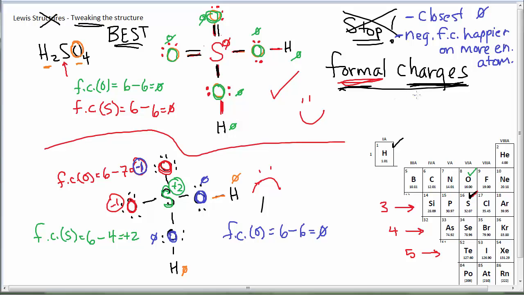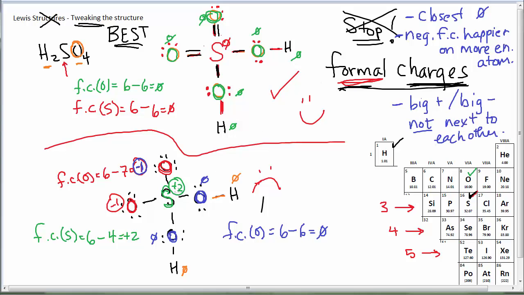Recall from our discussion on electronegativity, fluorine is the most electronegative, oxygen is second, nitrogen is third, chlorine is fourth. So if there has to be a negative formal charge, it is more stable if it is on the more electronegative atom. And lastly, if you have big positives and big negatives, you don't want them next to each other. You want them not next to each other.